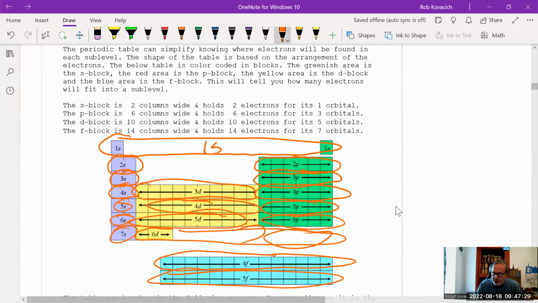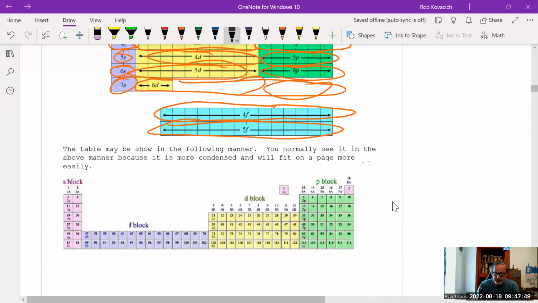So when I'm going to fill in electrons, I put electrons in that, then there, then there, then there. It's easy for me to think about what order. I just jump from block to block, adding electrons until they get filled up.